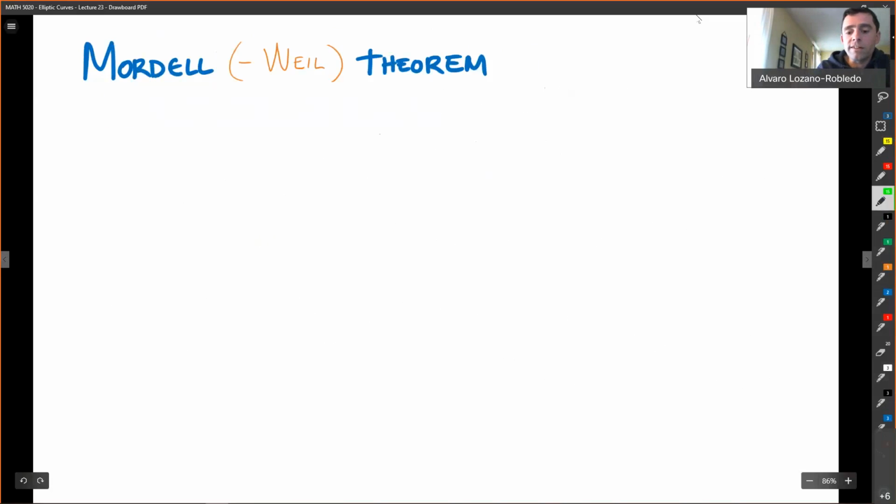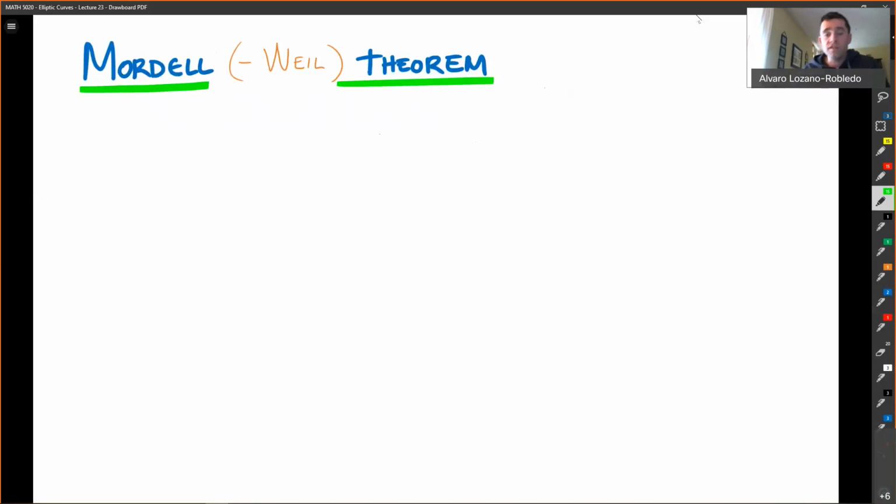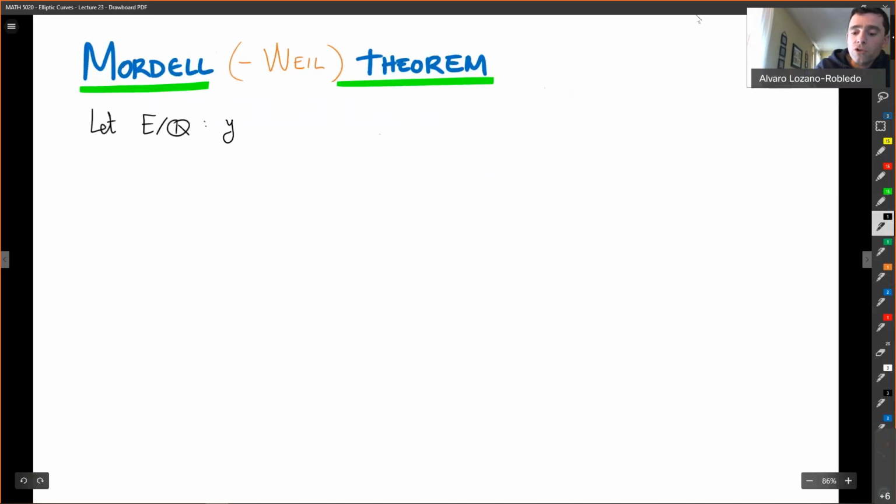So as we are about to prove the theorem over Q, this is just the Mordell theorem. Here is the proposition that is going to complete the proof of the theorem. Let E over Q be an elliptic curve given in a short Weierstrass equation, which we can always do because we're working over Q, characteristic 0. And then the following are true.